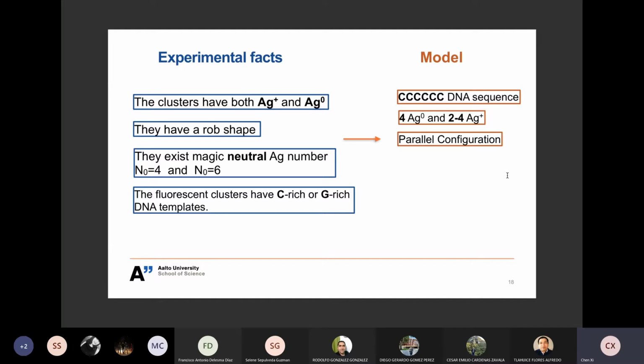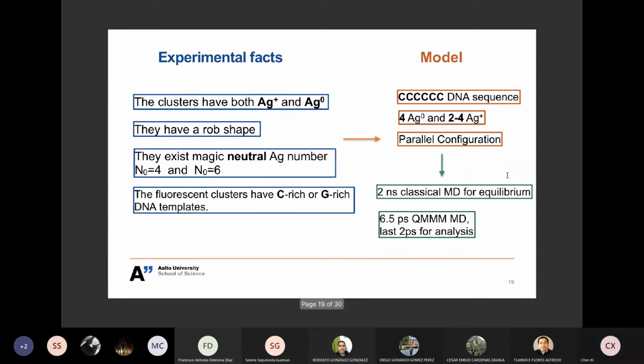Then we choose the magic number 4, silver neutral, and we use different numbers of silver cations from 2 to 4, and we keep the parallel DNA configuration we found from the previous calculations.